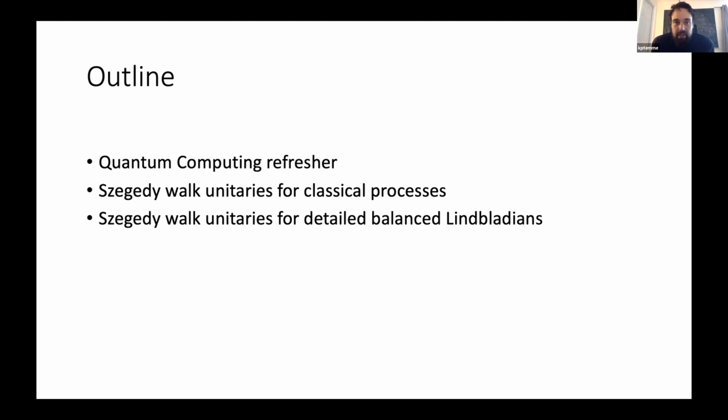Before I discuss our results, I'd like to spend some time on explaining Szegedy walk unitaries for classical Markov processes in a little more detail, because a lot of those properties are going to show up in our case as well. And lastly, I'm going to show you our construction to end up with these Szegedy walk unitaries for particular classes of Lindbladians.